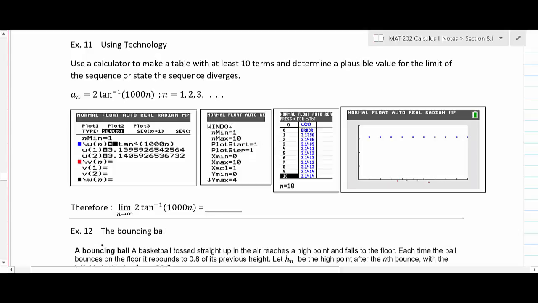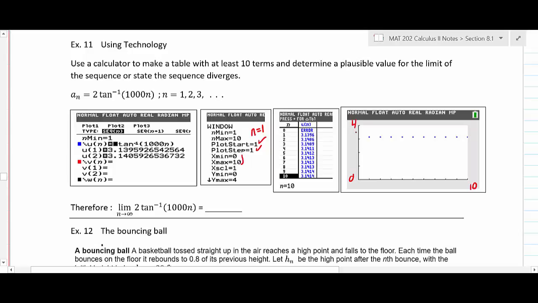That way that's just taking the sequence out to the 10th term in the sequence. And then generally this is always the same. That just means n equals 1 is starting at 1, and then it's going up by 1. That plot step is going up 1 each time, and that's typically the default. And then x is going 0 to 10, and then y, I decided to go 0 to 4 like that. So that's how I set that up.